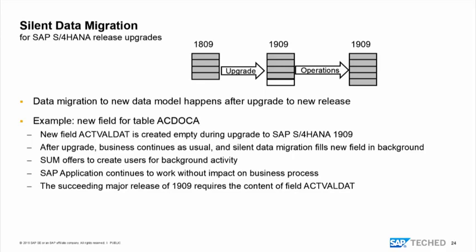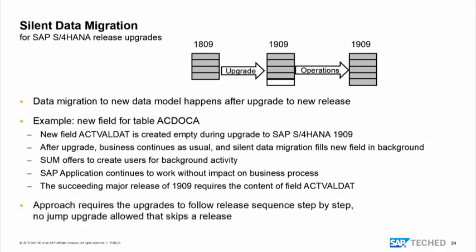This is a general concept that we are introducing with S/4HANA, with a goal that in the future, upgrades inside S/4HANA will have a very short downtime, because we are moving this data migration, this conversion part of the downtime, into uptime operations after the upgrade. That's why this is relevant.